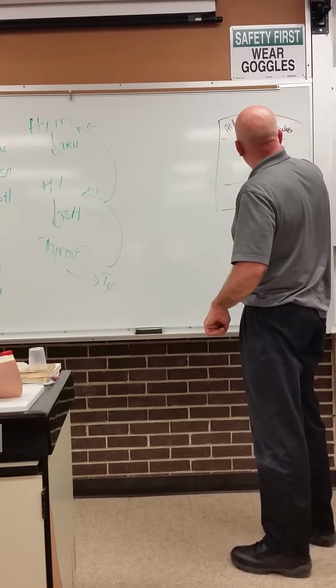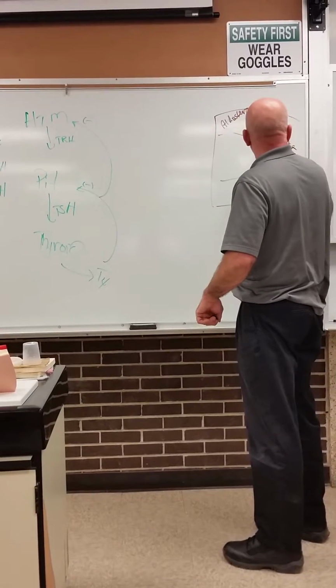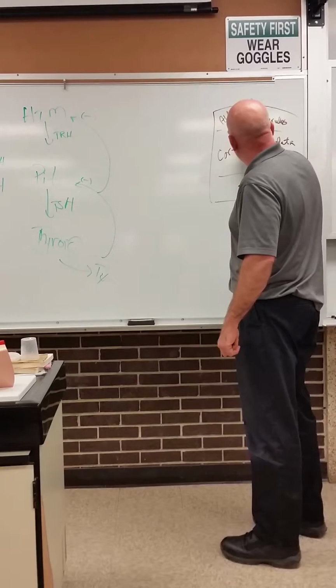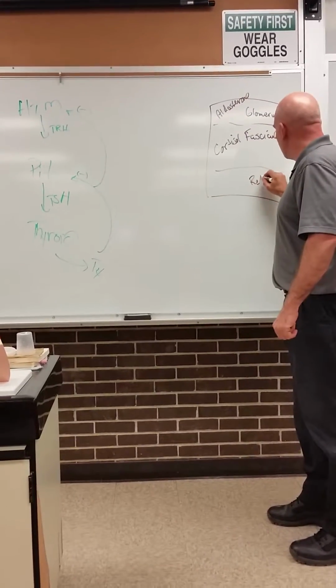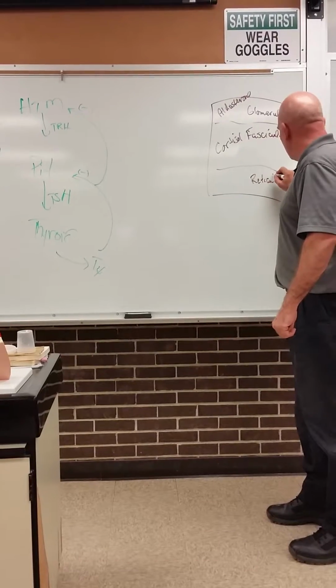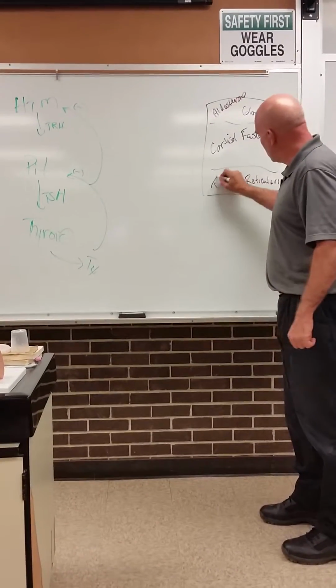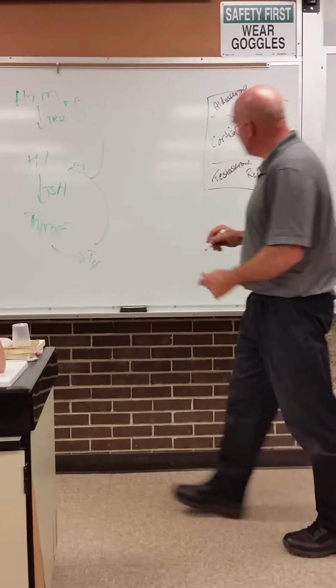The fasciculata makes cortisol. That's a glucocorticoid. And the reticularis makes adrenal sex hormones, testosterone. Yep, there you go. I see that on the test.